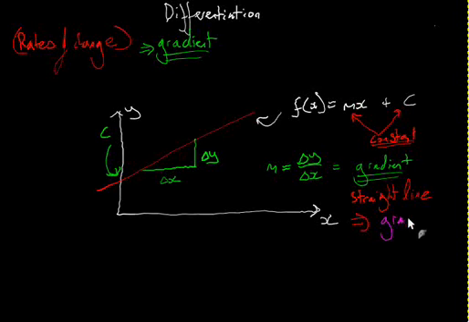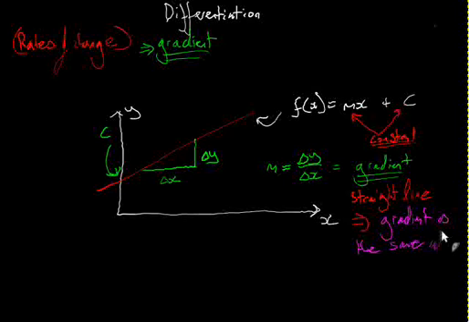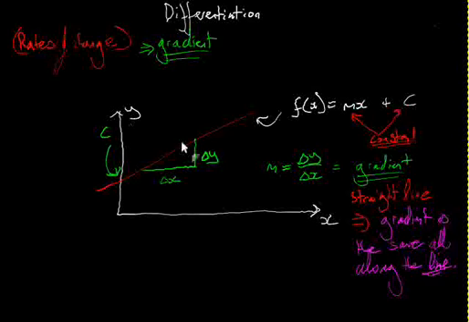Now, the important point that we need to remember here is that for a straight line, the gradient is the same everywhere. So the gradient is the same all along the line. Sorry, bad handwriting, that says line there.